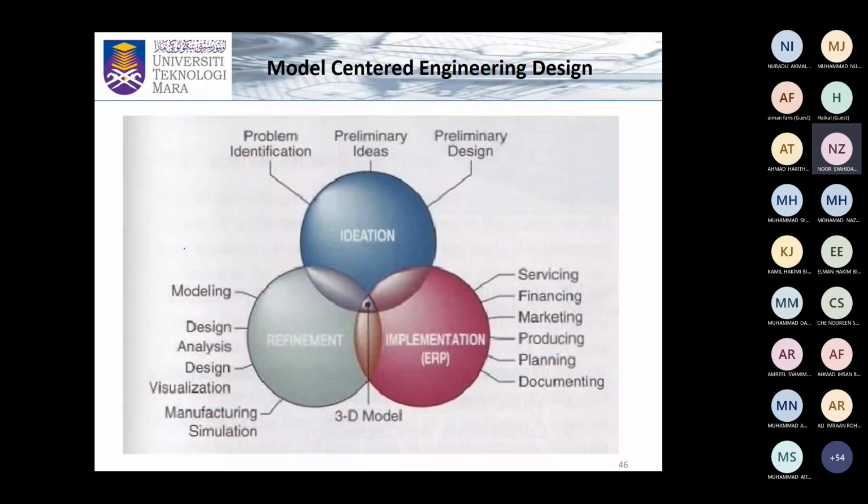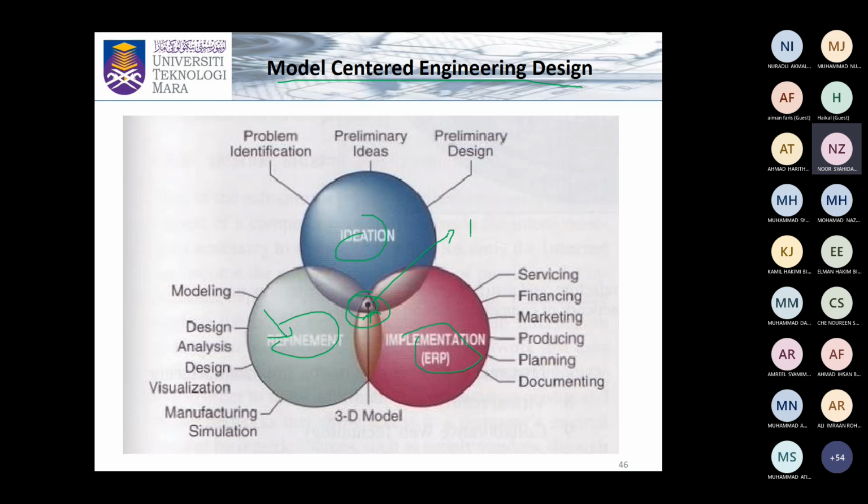So this is basically what we call model-centered engineering design, where the model is centered over here. And the idea, refinement, and implementation are centered towards the model. Whatever ideas you have, whatever modeling improvements you have, and the implementation that you're going to make, must all be centered around the model or the product to ensure it is successful.